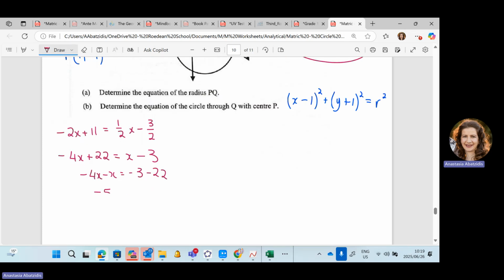So we get negative 5x equals negative 25, so x is 5. And how do we get y? Does it matter which one? No. Preferably the one without the fractions. Okay. So Q has coordinates (5, 1).